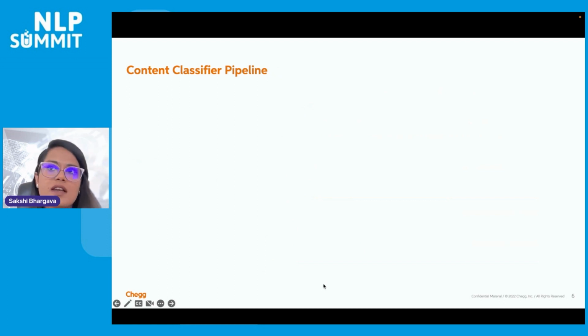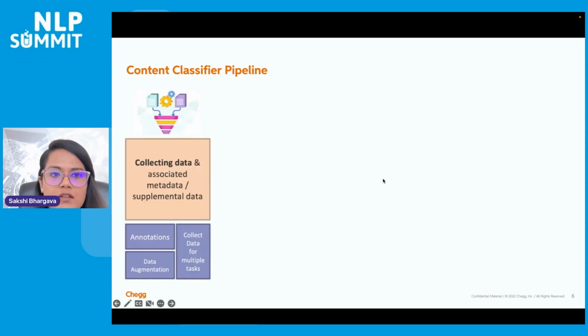So, now I'm going to give an overview of our content classifier pipeline. The orange boxes here are the major steps in a typical ML lifecycle, and the purple boxes beneath it are the specific methods or techniques that we applied for our project. I'll definitely cover some of this in detail over the subsequent slides, but this is just a very high level view.